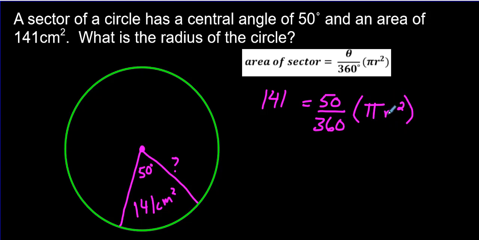We don't know what the radius is. This is our unknown part. So what I'm going to do is go 50 divided by 360, and then multiply that by 3.14. Then I'm going to take 141 divided by that answer to give us what r squared is. Actually, I'll just do it right now on the calculator.